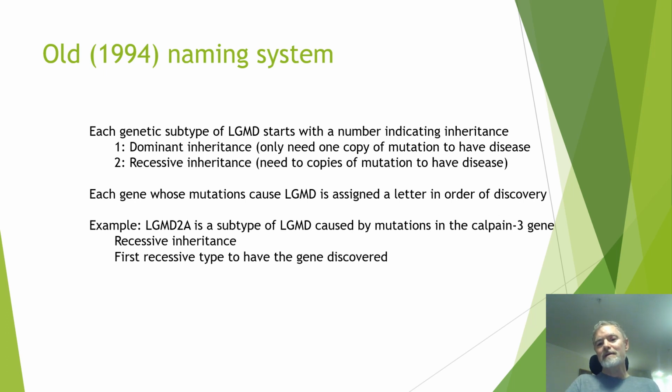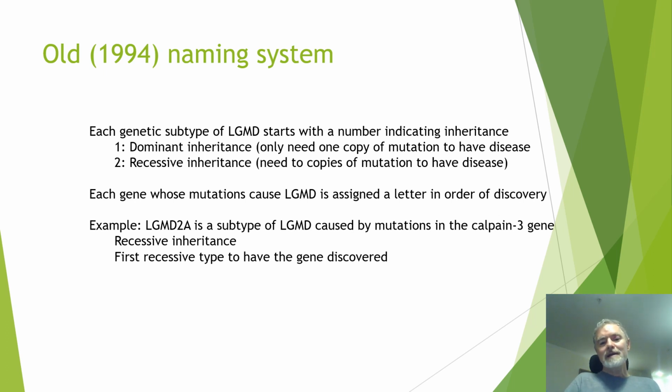That means one you inherited from each parent. And then with each inheritance pattern, there's a letter assigned to each particular gene that's shown to be responsible for LGMD based on the order of discovery.